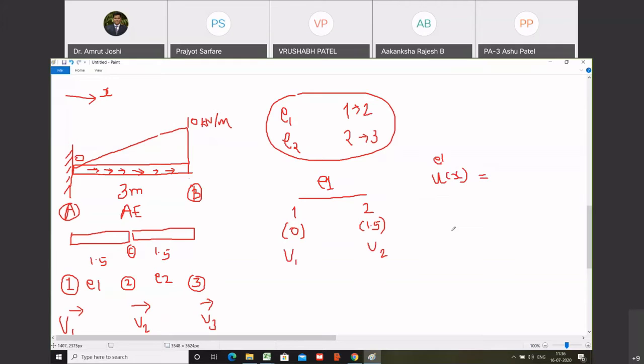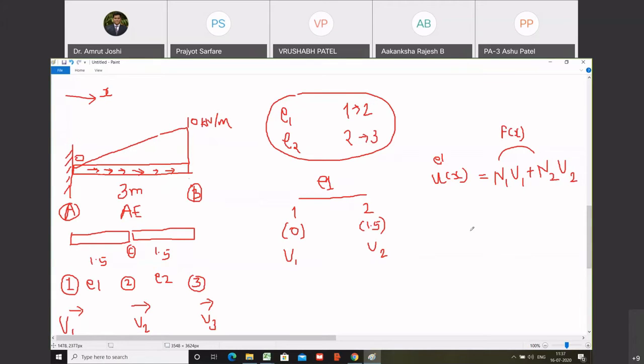And I am going to use this expression N1 u1 plus N2 u2. Now, if this u has to be a function of x, N1 and N2 ought to be functions of x. I call these N1 and N2 interpolation functions, or simply shape functions.